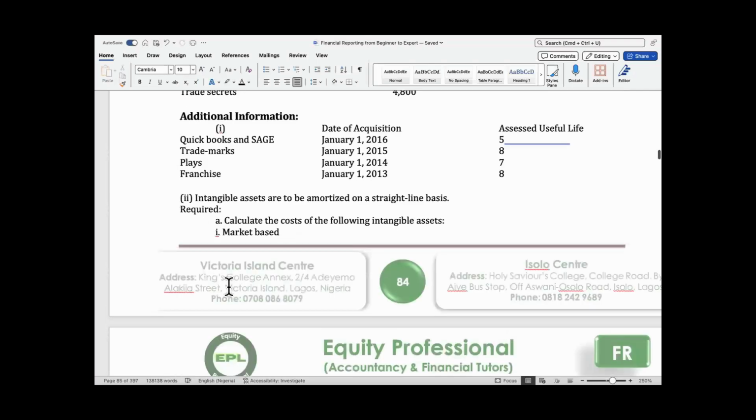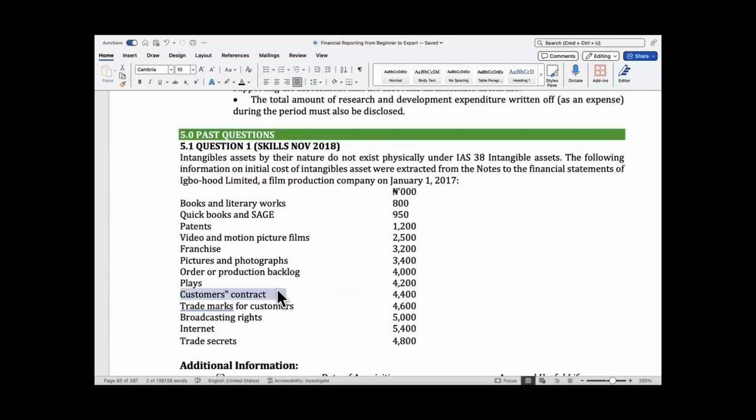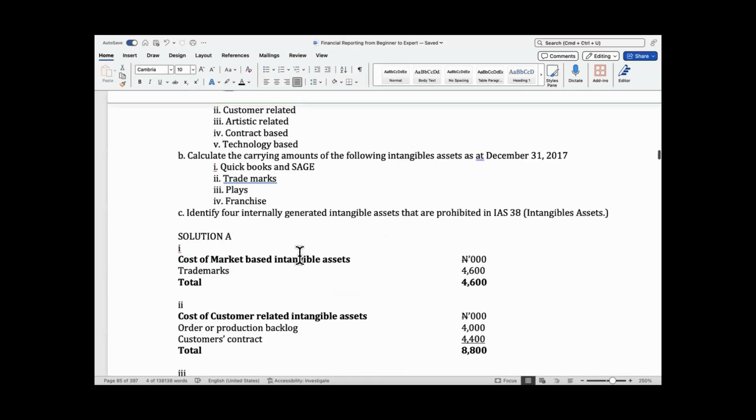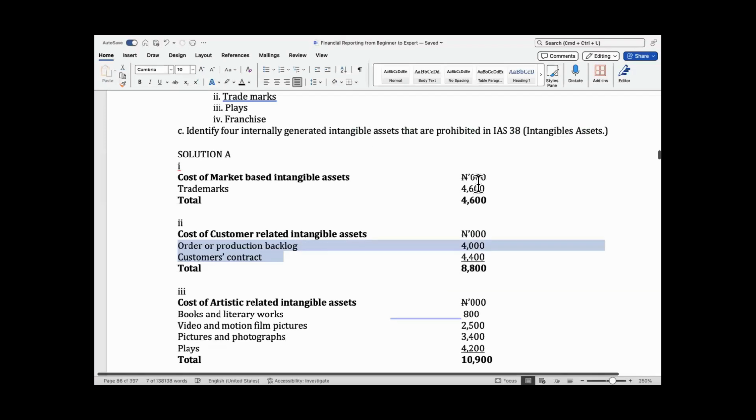For customer related, which one can we categorize there? I can put customers' contracts as customer related. I can put order or production backlog as customer related. But what I put here are those two as customer related. Then I put their costs that they gave me there to get their total cost.